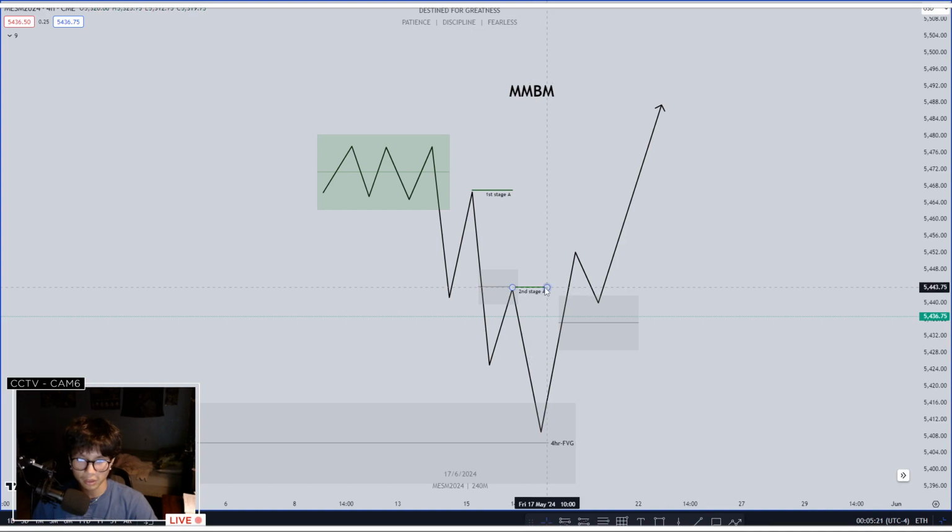So let's just say price closes above this swing high. I don't want to see a liquidity sweep. I don't want to be the liquidity. So that's it, those are the two tips I would give you guys for considering what a market structure shift is and when to look for one.